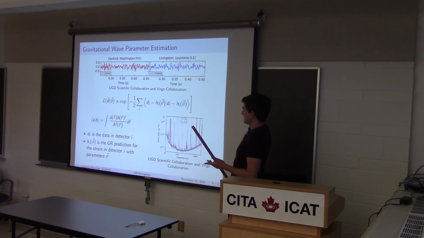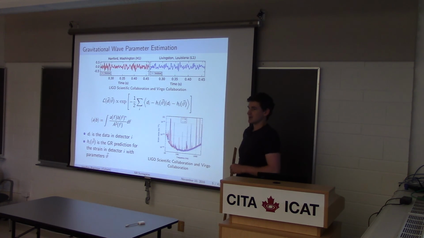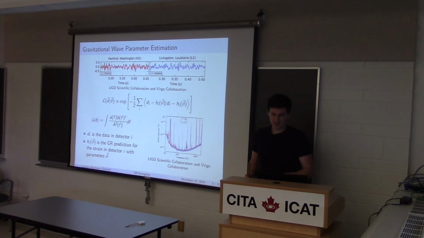So the idea then is to evaluate this likelihood function for many values of theta. And here, many might be 10 million, it might be 100 million for a single gravitational wave observation. So this means we need to be able to make these predictions very quickly if we want to compute this likelihood for 10 or 100 million different parameters.